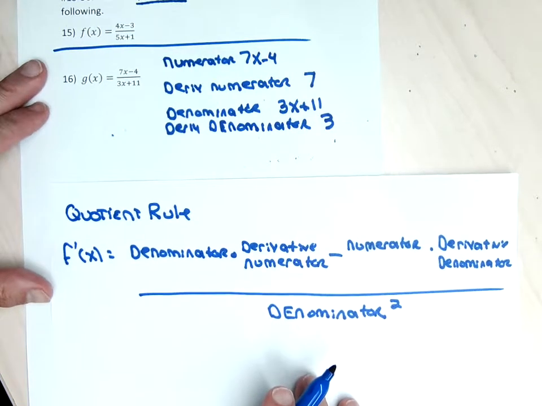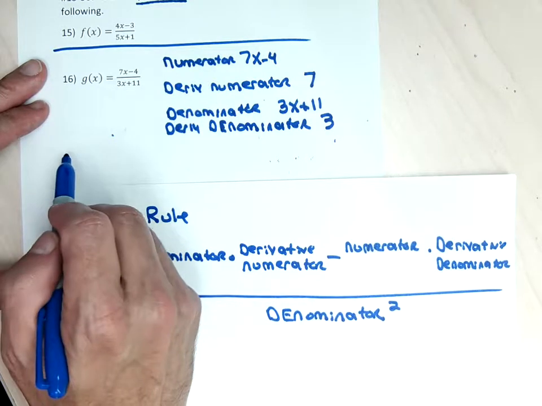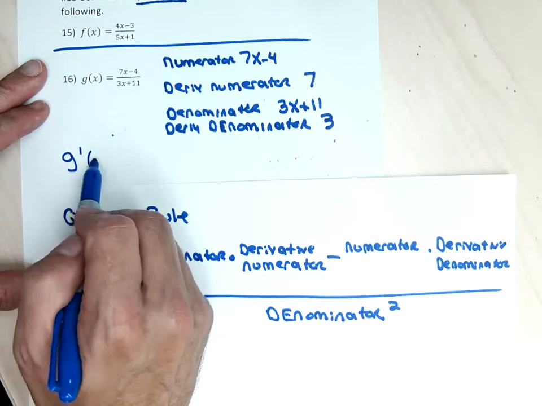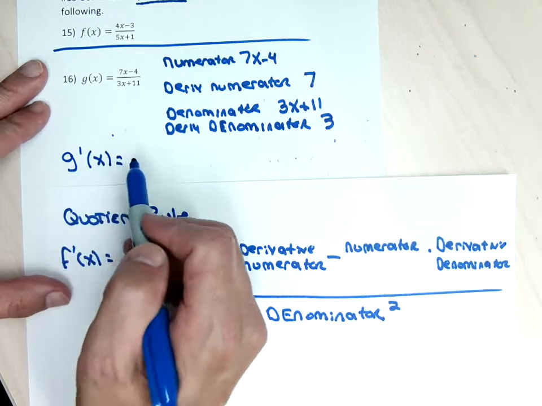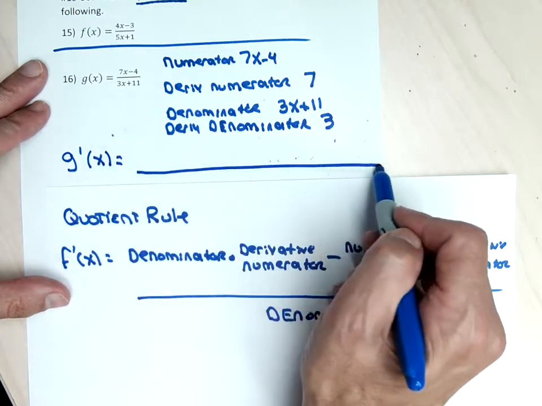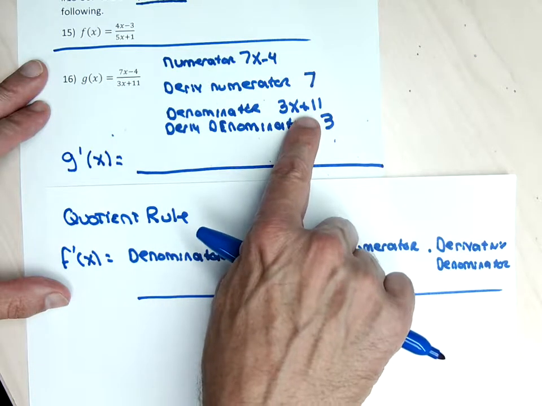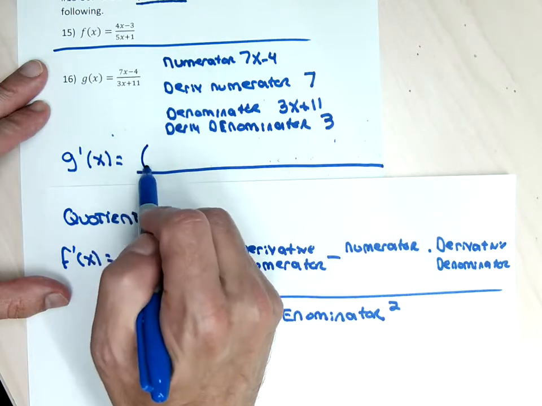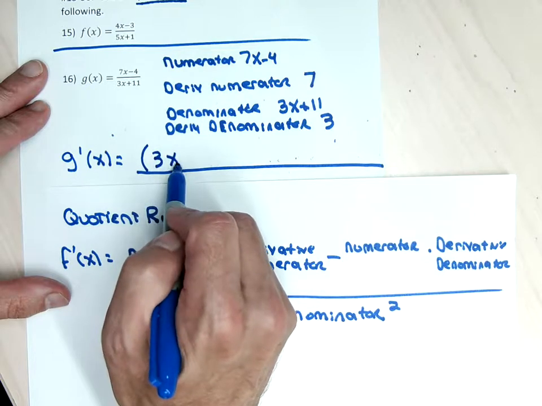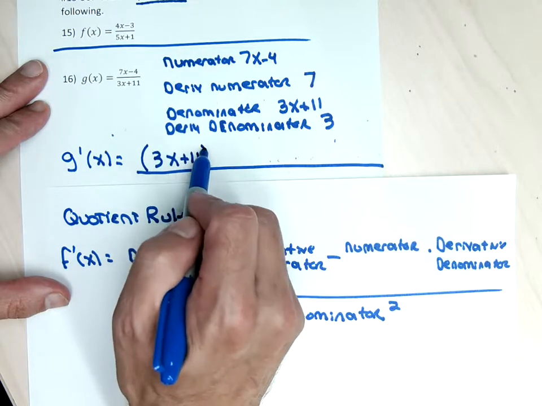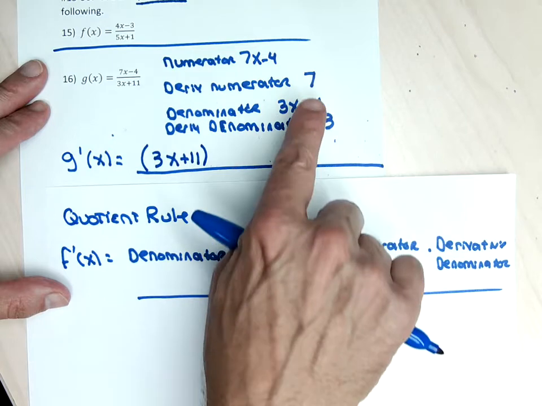So in problem 16, if I wanted to apply the quotient rule, I'll write my derivative symbol, the little prime. I'll form a fraction. The first thing I'm going to write is the denominator. The denominator is 3x plus 11 because it has 2 terms, I'm going to put it in parentheses. So the denominator times the derivative of the numerator.